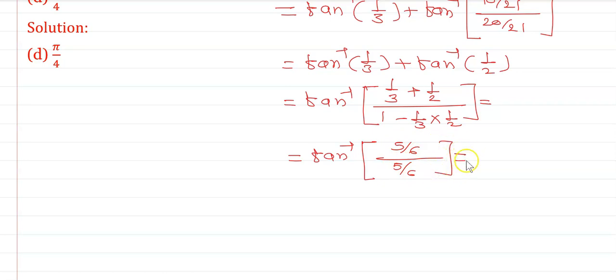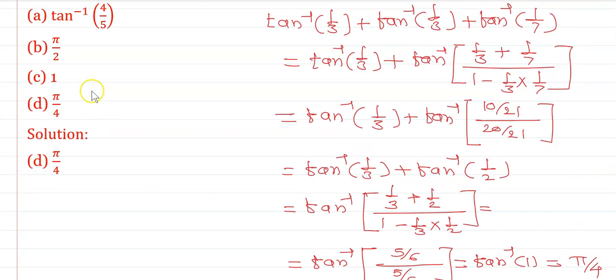That is the tan inverse of 1. Okay, and what about the tan inverse of 1? That is nothing but pi by 4, and hence which is the pi by 4? The option D is the pi by 4.